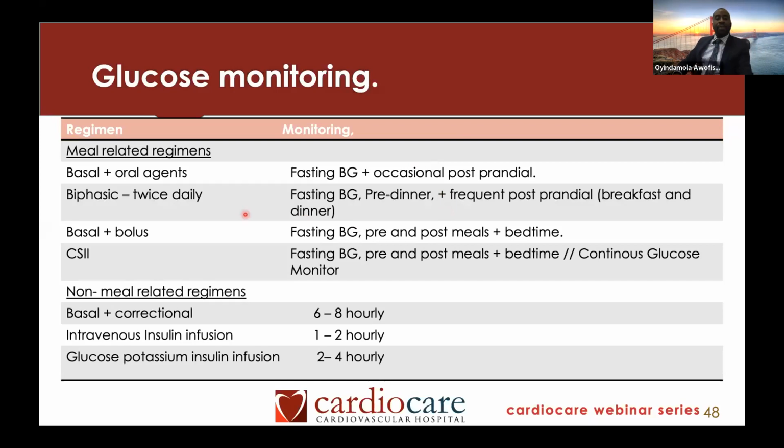Whereas in people that are on basal plus bolus insulin regimen, that's the once daily basal insulin and then the before meal insulins, those ones should check their fasting. They should also check before and after meals, and also at bedtime. By the time they've been checking for a while, it's often possible to skip some of these readings.